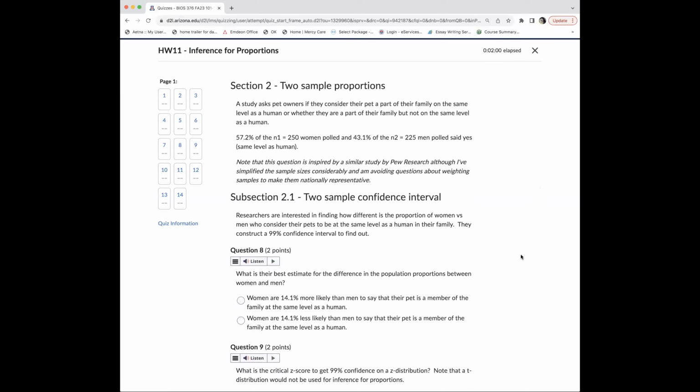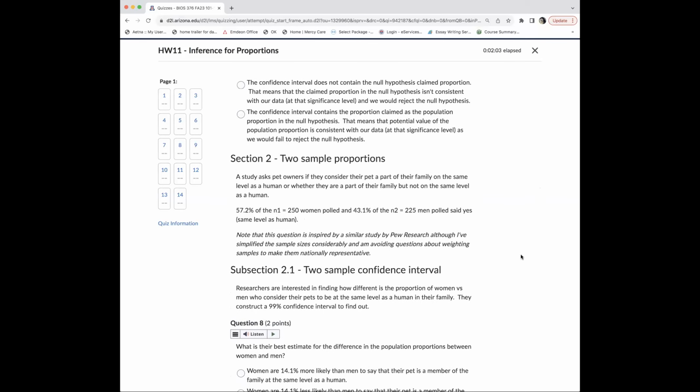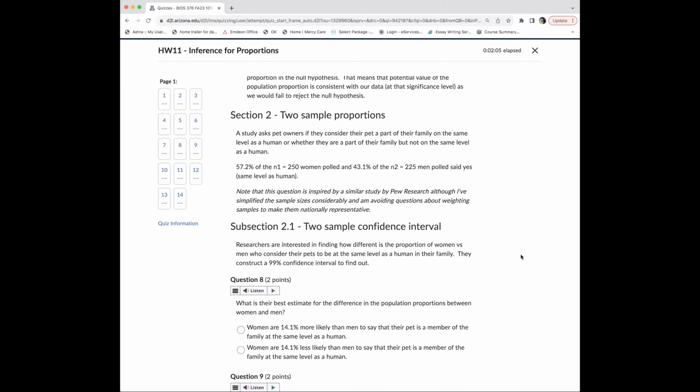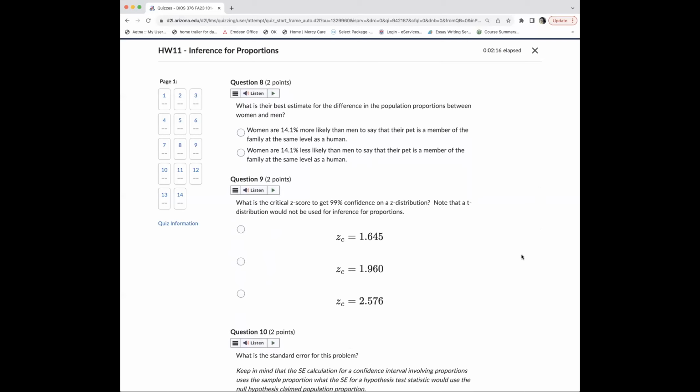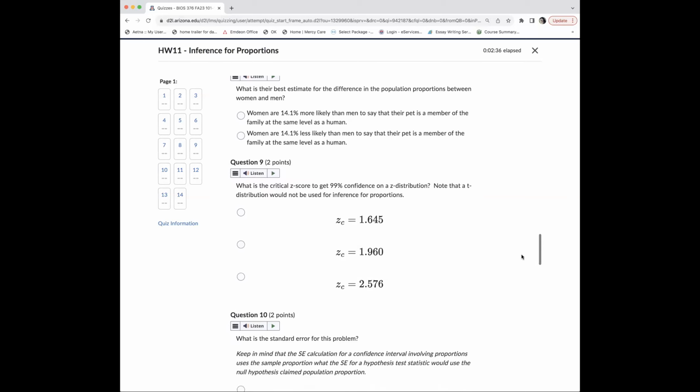All right, let me get that top part on section 2 first. All right, going down to question 8. I'm going to go down to question 10.